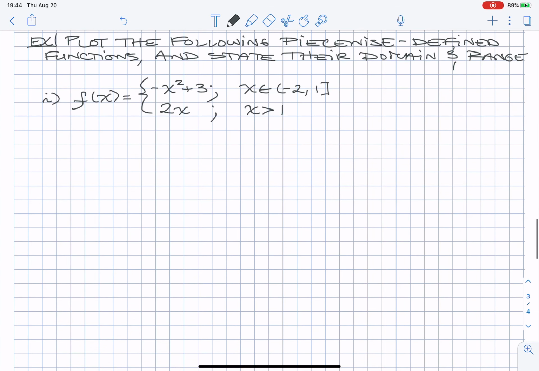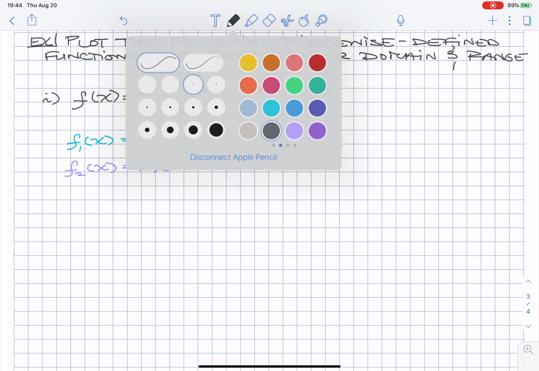So the way we want to do this is look at two different functions. I'm going to call the first one f sub 1 of x, that will be negative x squared plus 3, and the second one will be f sub 2 of x, and that'll be 2x. So I'm going to plot both of these functions, dotted initially.